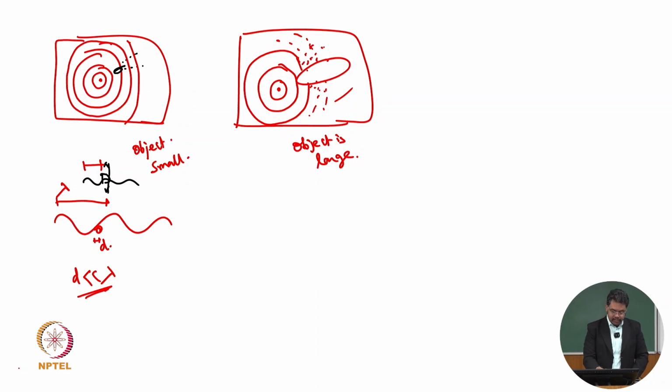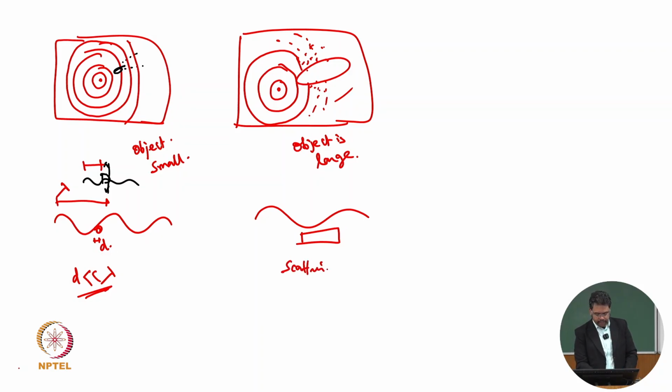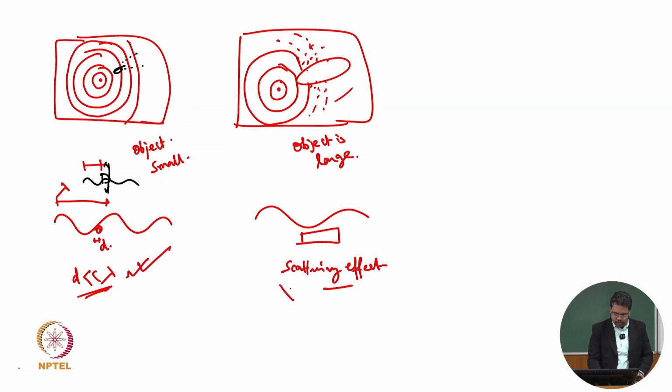In that case, your object size is like that, so it starts modulating the wavefront, and there you are having some sort of scattering effect. Okay, now in case of metamaterial, we are looking primarily for this case, not this case.